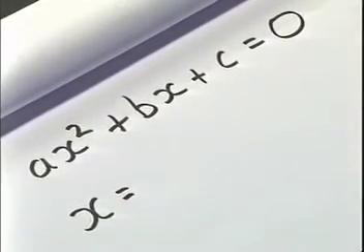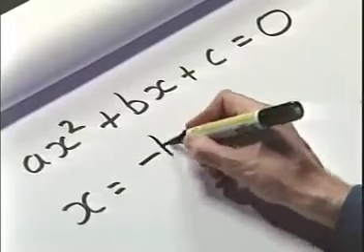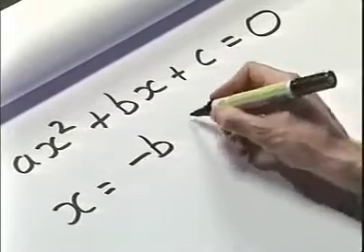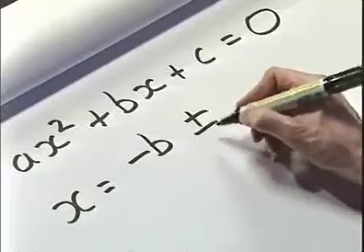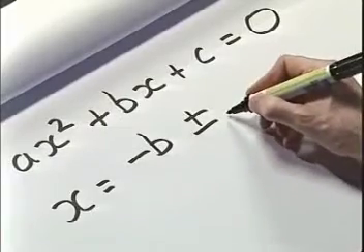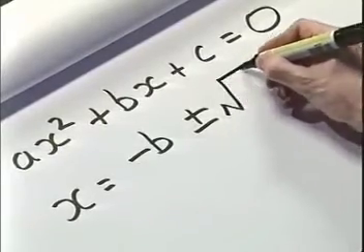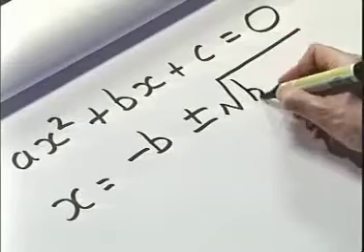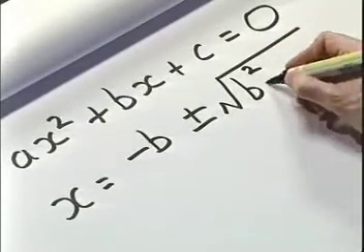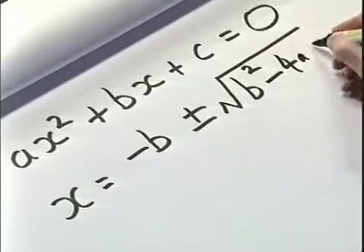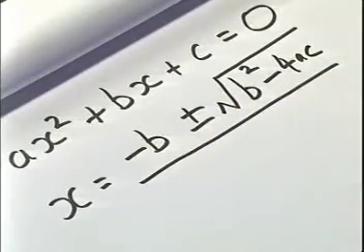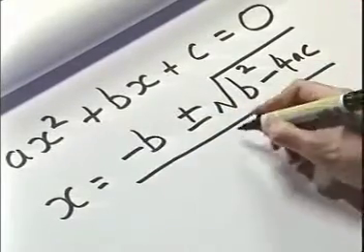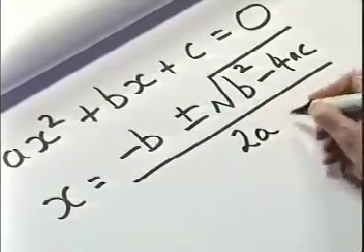And it's x equals minus b plus or minus, and it's the plus or minus that's going to give us the two answers, the square root of b squared minus 4ac all over the whole lot over 2a.